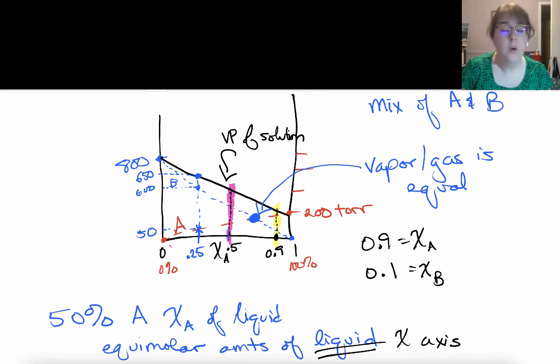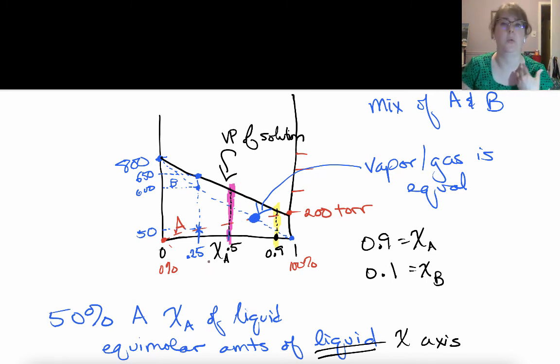So what we can do is give you options that are clear enough that you can work with them. So if I wanted to ask you something and you need to tell me information about the mole fraction of A, I have to give you options that are far enough apart that you can pick them.